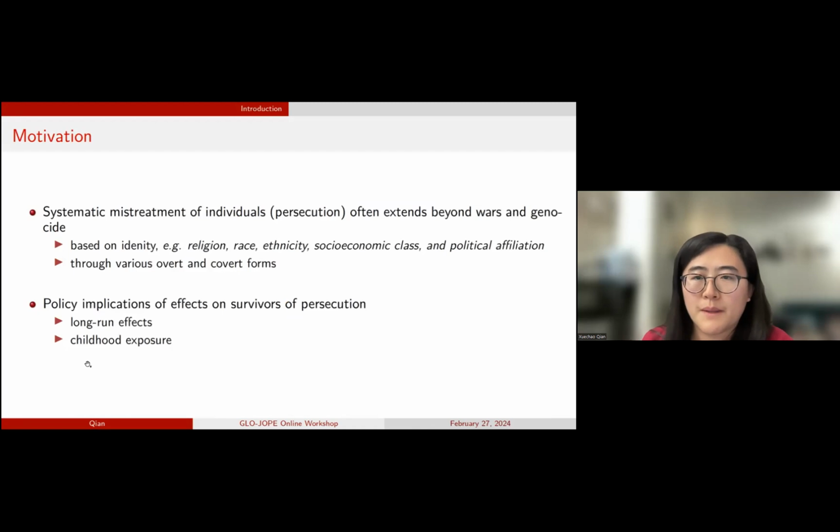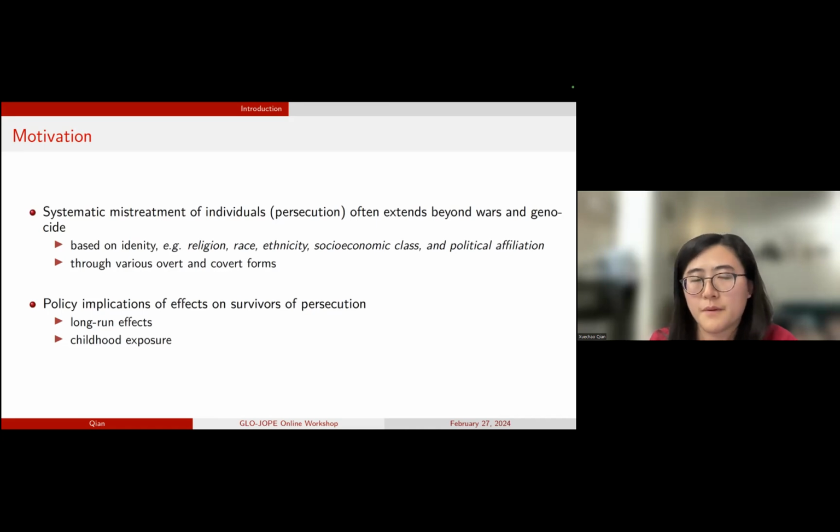So I think historically people have documented the socioeconomic consequences of those very intense civil conflicts like wars or genocide. In the meantime, there's another kind of mistreatment of people that was also systematic, but sometimes went through more covert forms. We call those persecution, and usually it's based on specific identity of individuals like religion, race, ethnicity, socioeconomic class, or political affiliation.